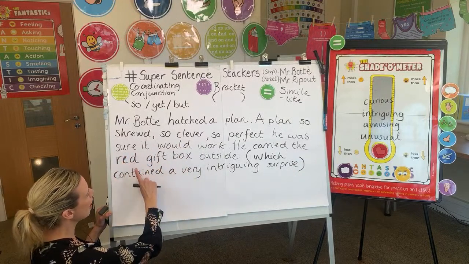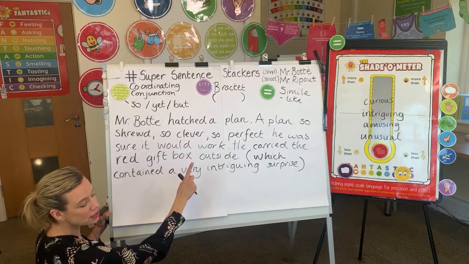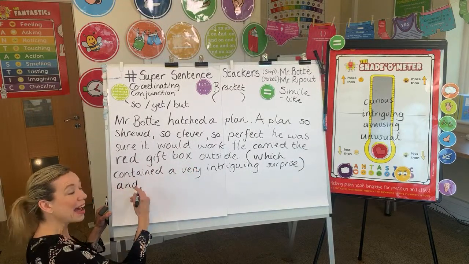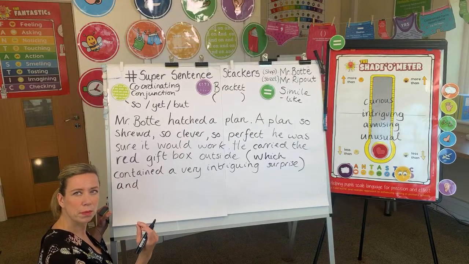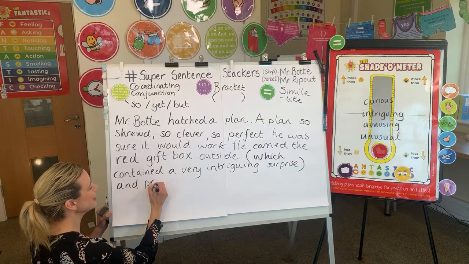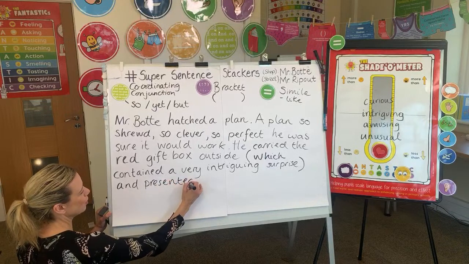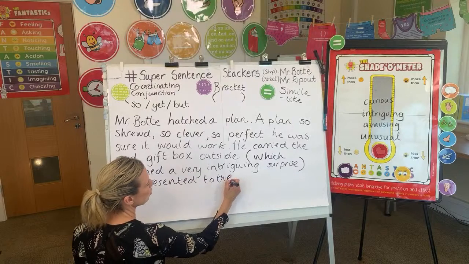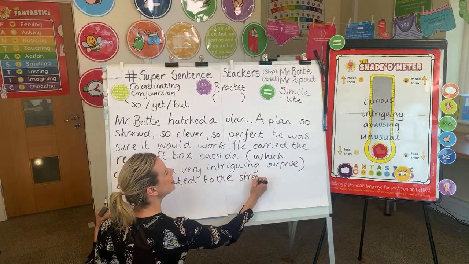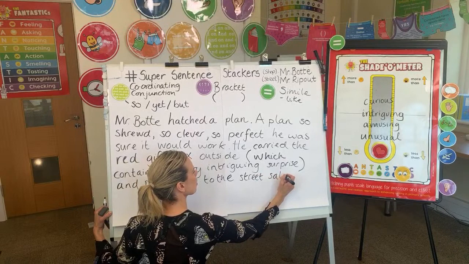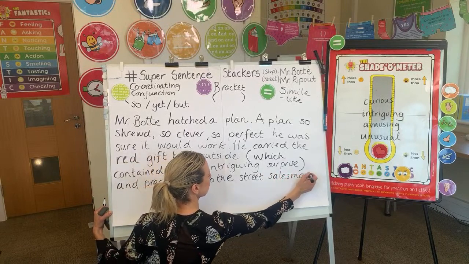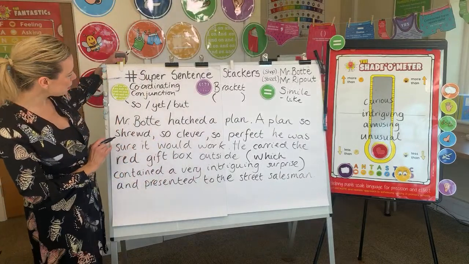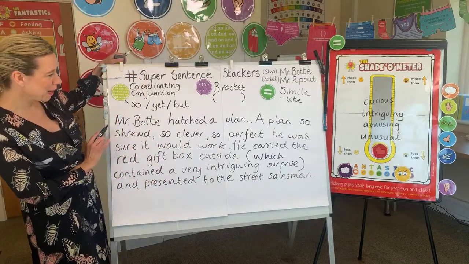He carried the red gift box outside. I need more here to finish this sentence. And gave it, presented it to the street salesman. I'm going to go back and reread that. I'm going to look closely at my spelling. Mr. Bot hatched a plan.